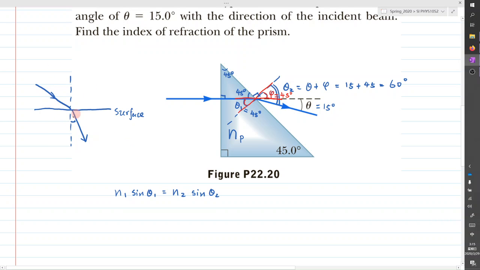We can come back to this diagram here. This is theta 1, theta 2. So this is our n1, this is our n2, right? For theta 1, we have the light coming in, hitting the surface, making an angle with the normal. So n1 is indeed our prism.